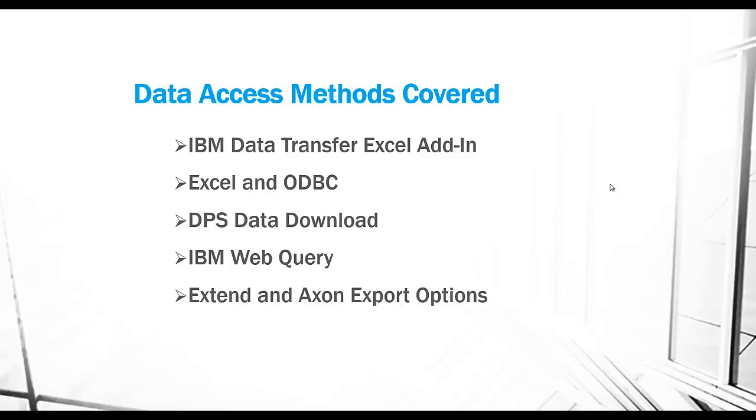Then, of course, I'm ramping up here because we start talking about our DPS data download tool, which is very user-friendly, no prior knowledge required type of tool. And finally, we're going to take a look at a really top-notch IBM tool called Web Query. And I'm going to finish it off by just showing you some tips and tricks that already exist in Extend and Axon that you may not know about. So without further ado, let's get started.